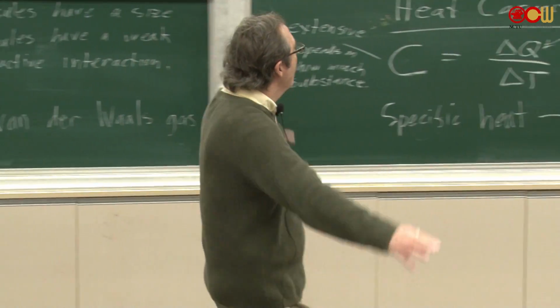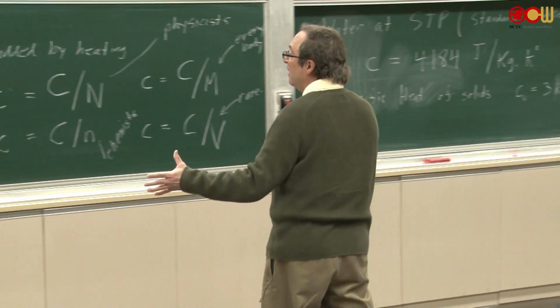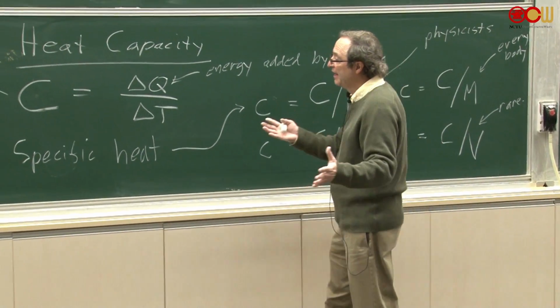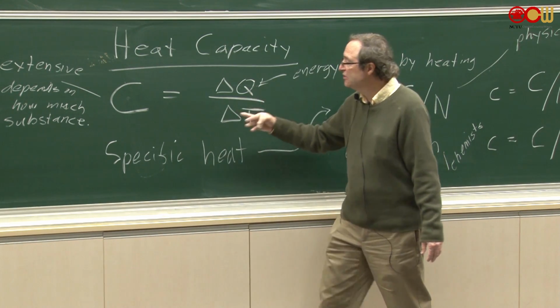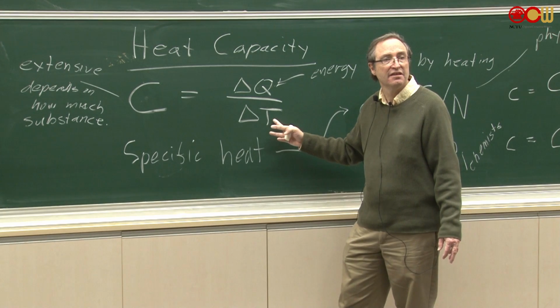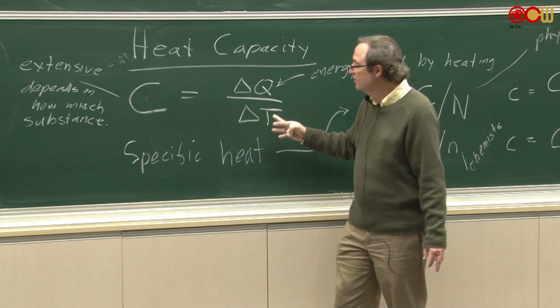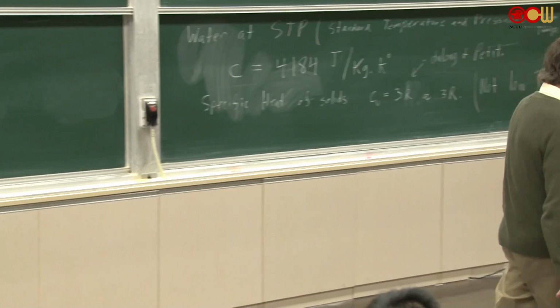Okay. So now we know about heat capacities. We can always figure out how much energy is changed due to heating by just taking the heat capacity times delta T. All right? So that's something you will use in some calculation.